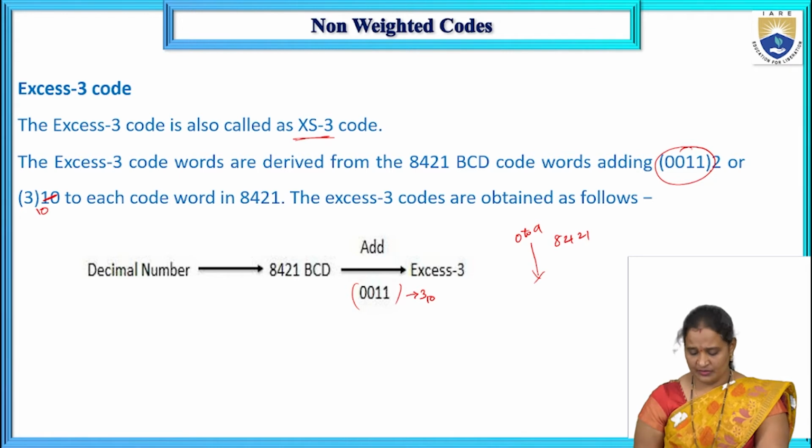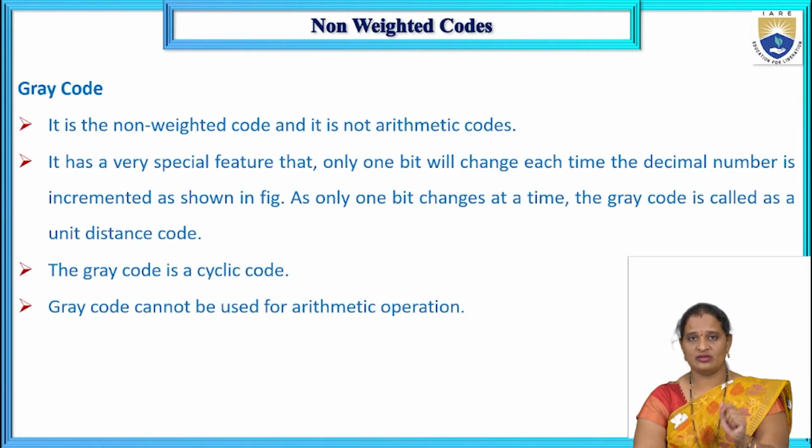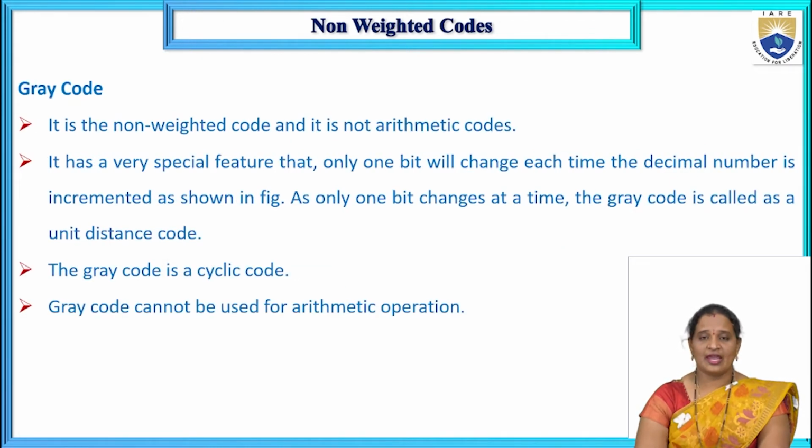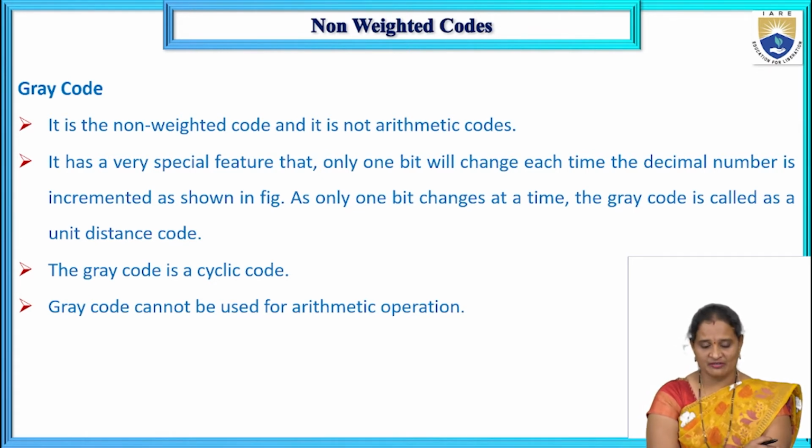Now coming to the next one, that is gray code. How can we get the gray code? So what is a gray code? Gray code is also a non-weighted code. It is not an arithmetic code. What do you mean by that? We do not have any positional weights.